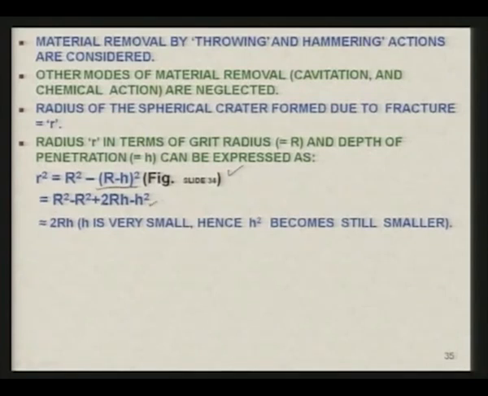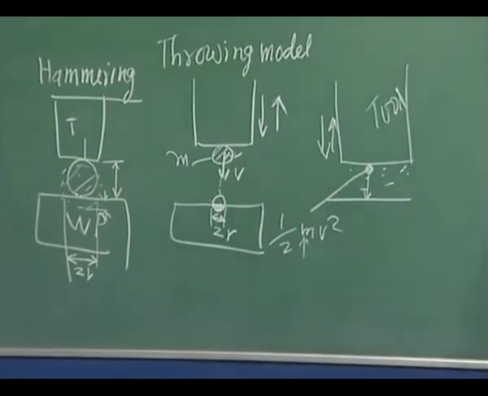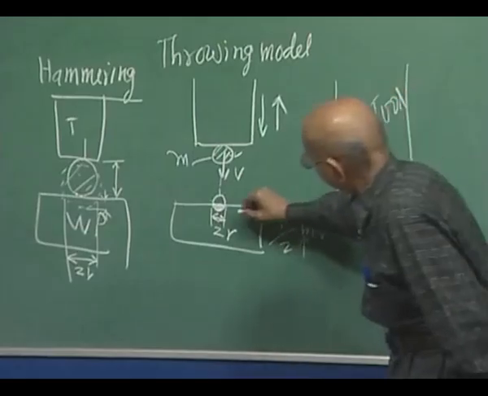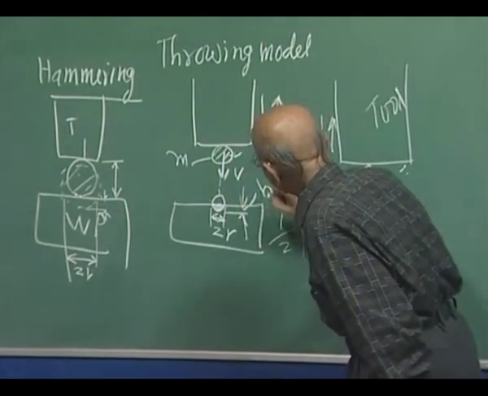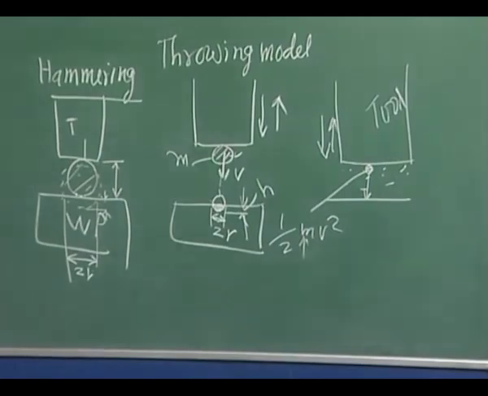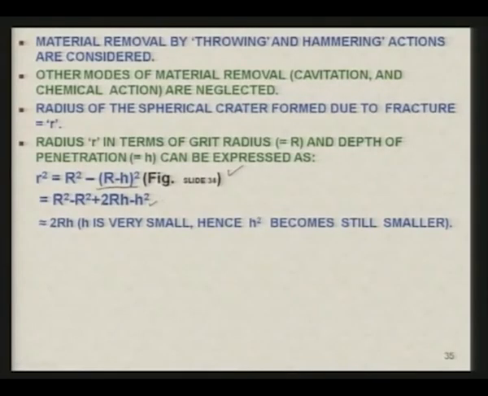Now, h, the depth of penetration, is already very small, and if you square it, it becomes further small. So, that can be neglected, this cancels, and you are left with 2 R h. So, r square becomes approximately equal to 2 R h. h is very small, hence h square becomes still smaller.